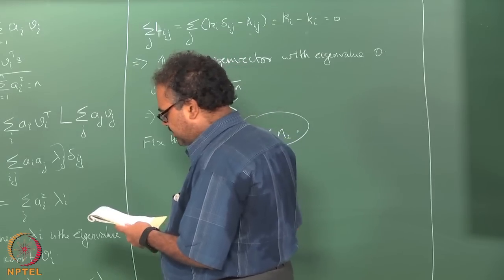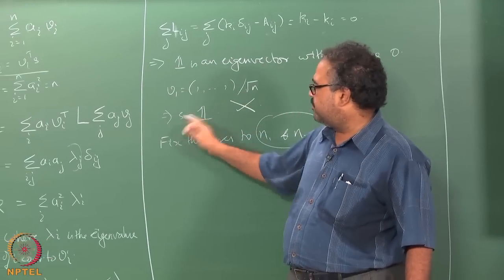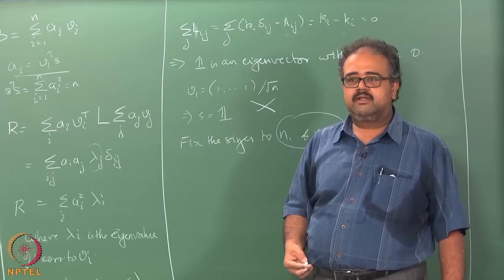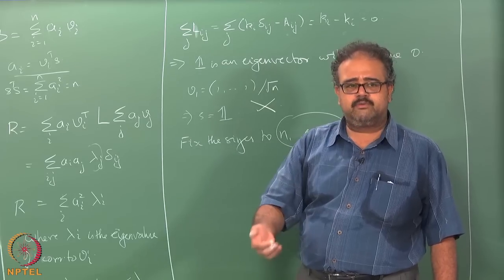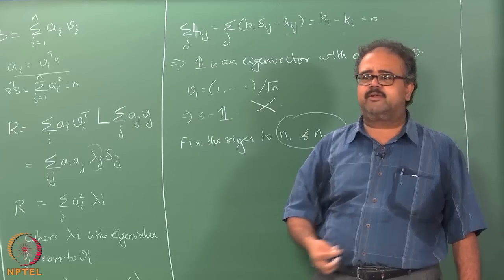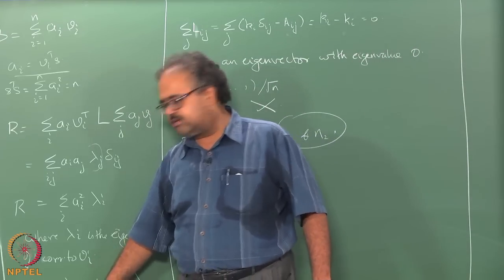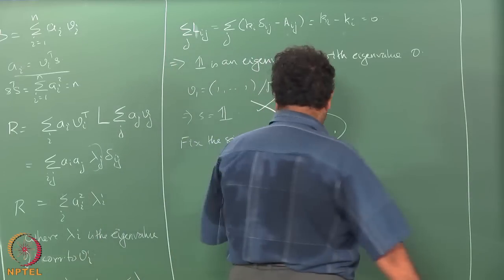So once we have excluded 1, what is the next thing you can possibly try to do? Align with V2, try to put all the weight on lambda 2, because lambda 1 is excluded for us, so we have to go to lambda 2.